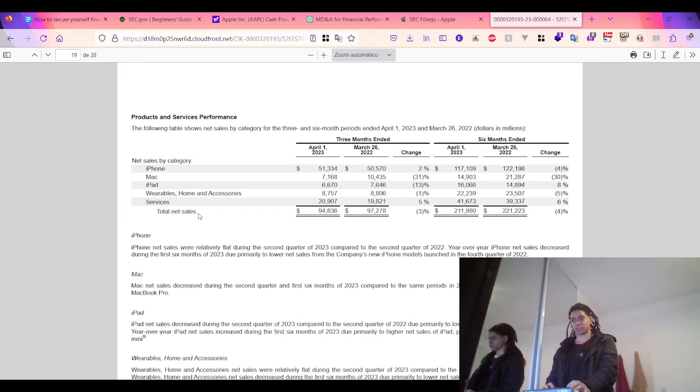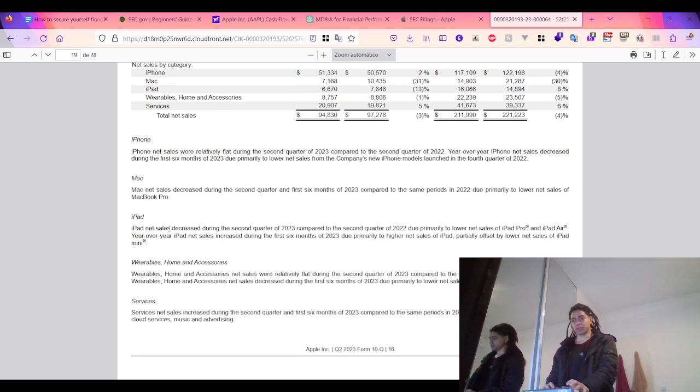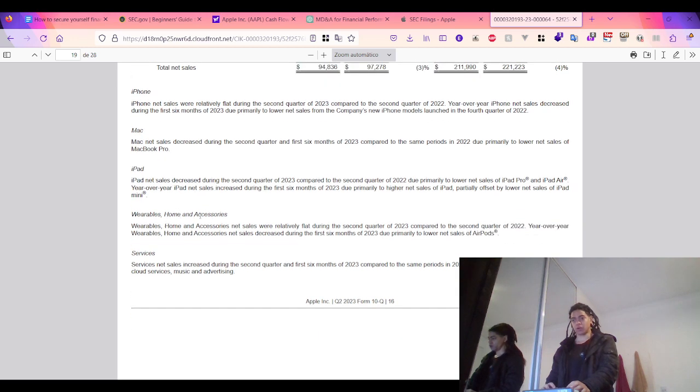By product, iPhone remained flat. Mac decreased in the second quarter. iPad net sales decreased. And home, wearables and accessories remained flat compared with last year.